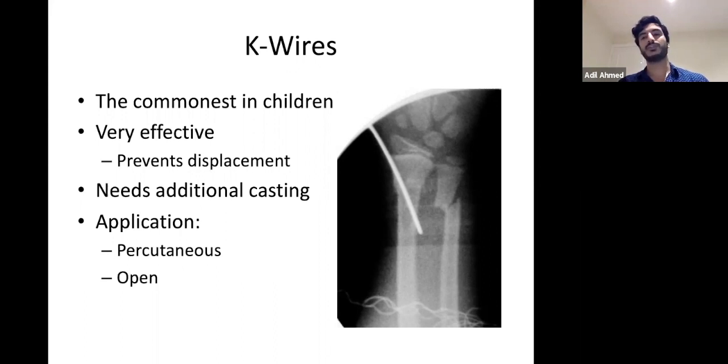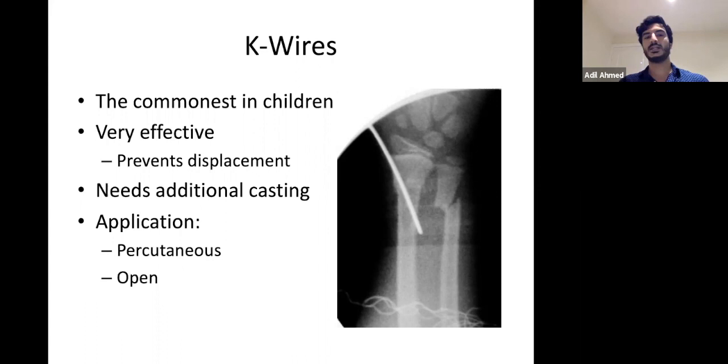The K-wires are excellent in terms of holding a fracture in a certain position, but they're not great when it comes to rotational stability. And sometimes that's the reason we then end up putting in two or three extra wires, depending on where the fracture is.